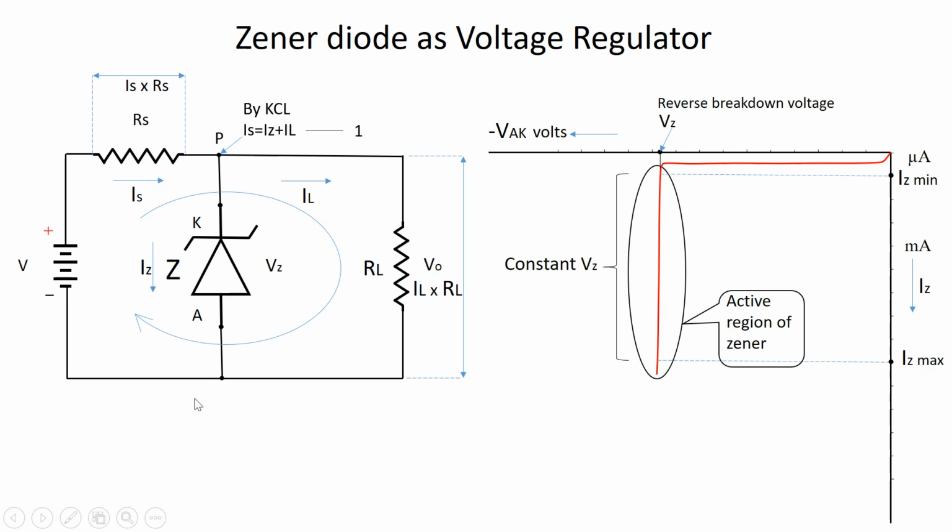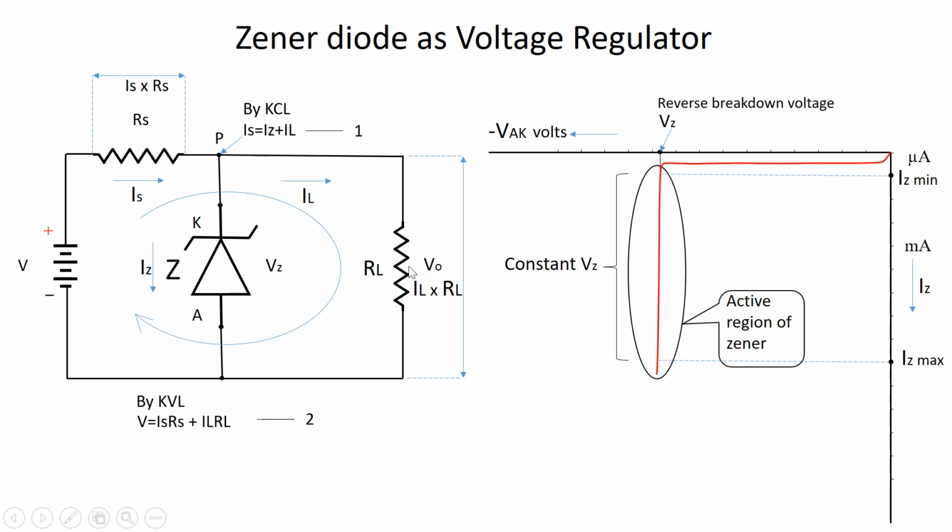According to this Kirchhoff's voltage law, we can write this equation: V is equal to Is into Rs plus IL into RL. And we call this equation number 2.